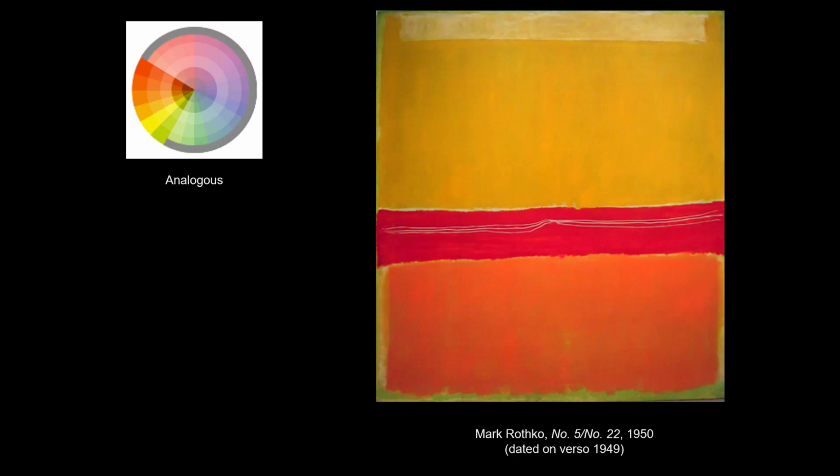You could have red, orange, and then ignore the red-orange in between on the color wheel, while still having an analogous color harmony. But mostly the idea is that we have closely associated colors with a little bit more variety than we would get in a monochromatic image.